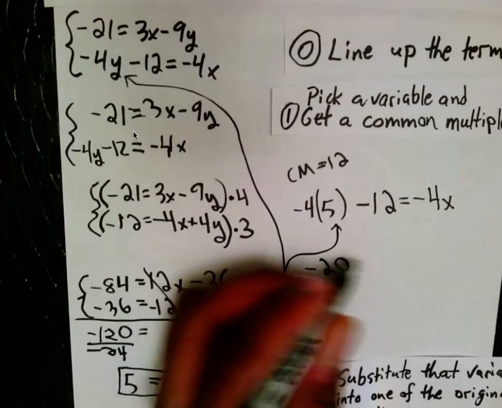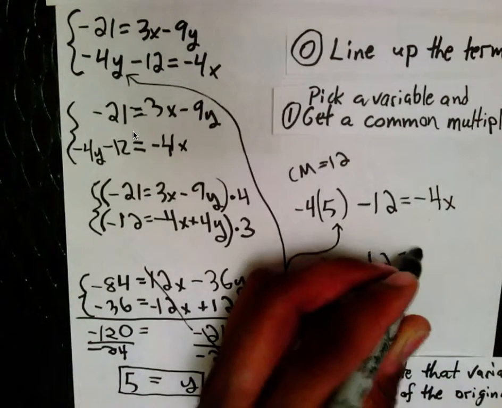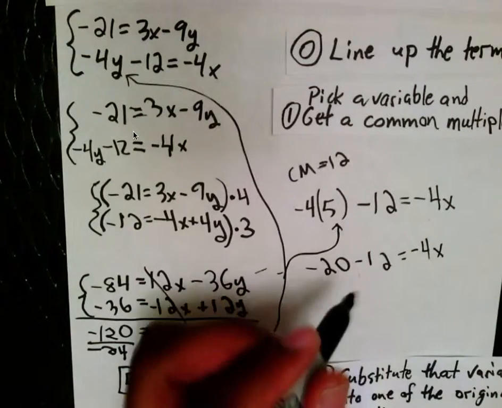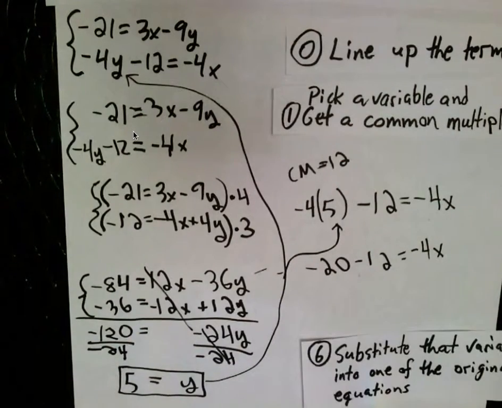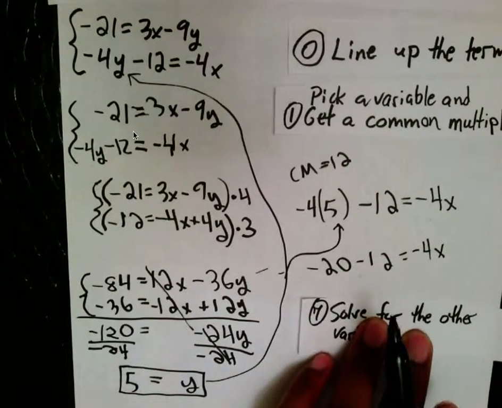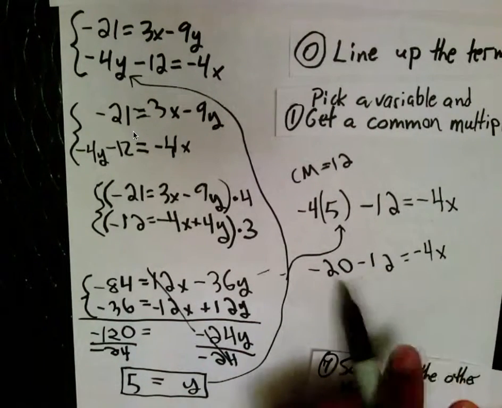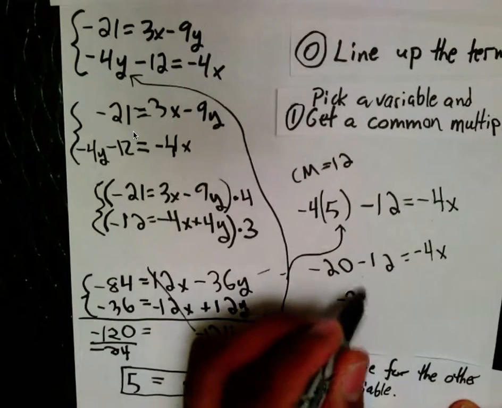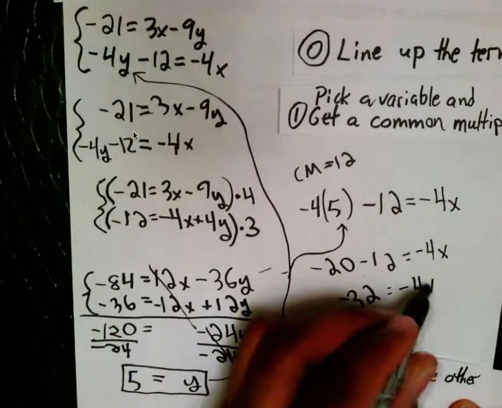Negative 20 minus 12 is equal to negative 4x. And now I'm just solving for x. That's my last step. Solve for the other variable. Negative 20 minus 12, negative 32 equals negative 4x.